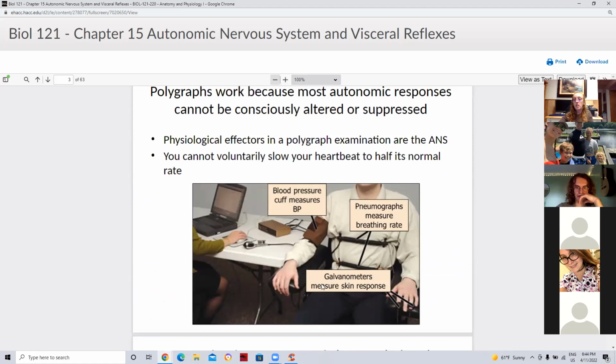Polygraphs work because most autonomic responses cannot be consciously altered or suppressed. The physiological effectors of an examination are directed at the autonomic nervous system, looking at blood pressure, breathing rates, and sweat skin responses.